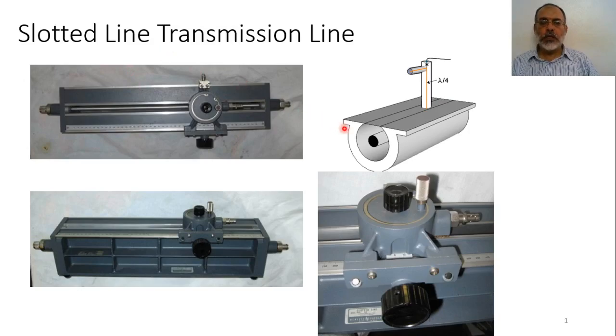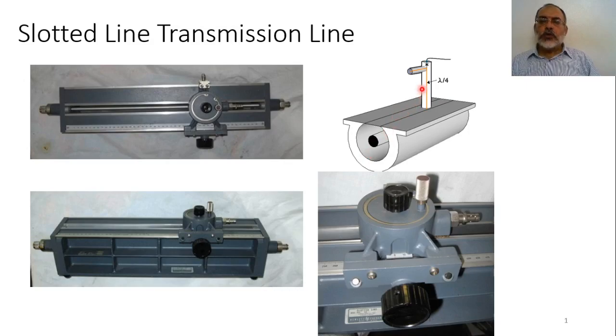A slotted transmission line is actually a coaxial transmission line which has a very narrow slot. This very narrow slot usually doesn't introduce much perturbation of the electromagnetic waves inside the coaxial transmission line.